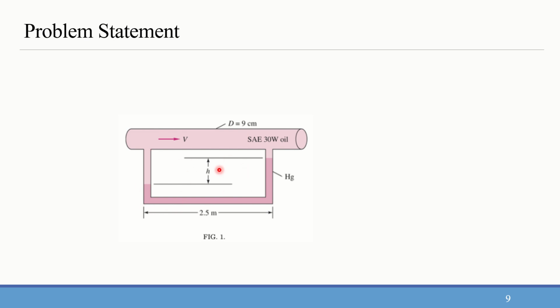So the height difference shown by the manometer is h, and this particular distance is 2.5 meter, and the fluid is flowing with a velocity of v, and the fluid is oil, and the diameter of the column is 9 centimeter. So now we will just read the question once to understand what is given in the question.